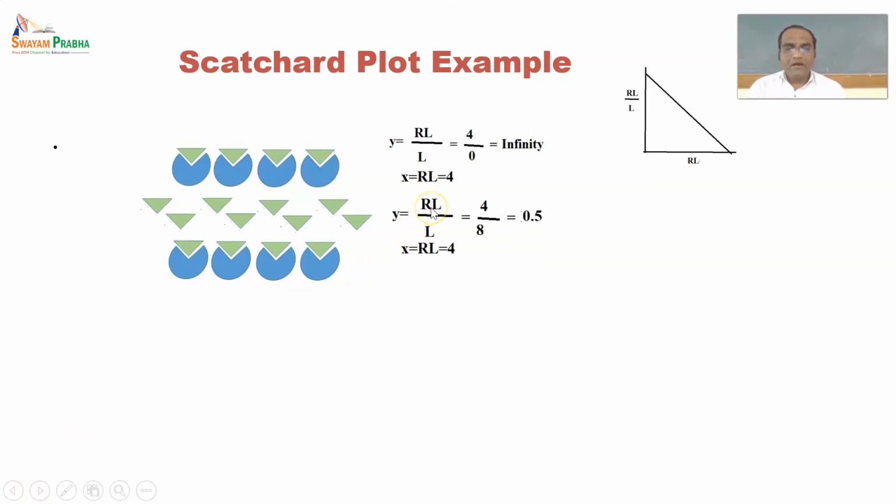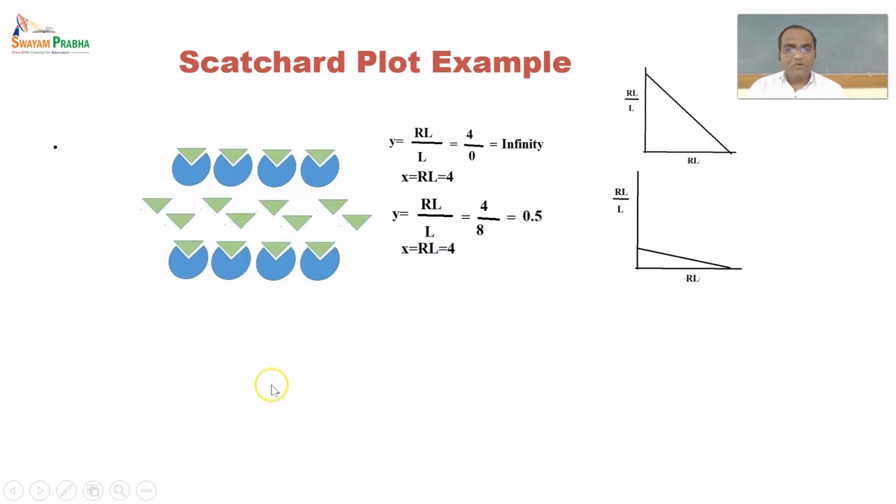Y equals RL divided by the concentration of L. RL is the 4 receptor-ligand complexes, and the total of 8 ligands are free. So the concentration of free ligand is 8, and the value comes to 0.5. X on the x-axis is RL, which is 4.